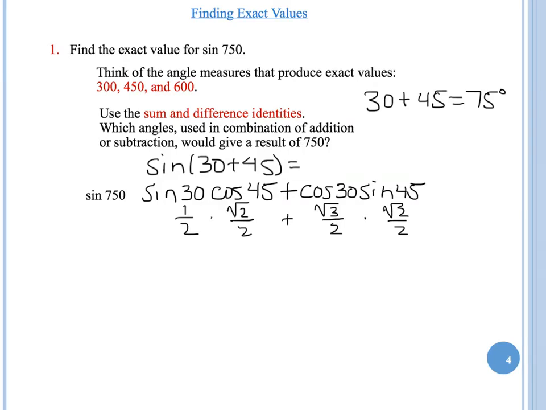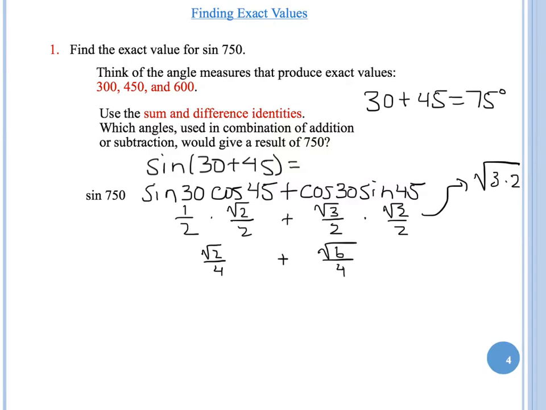So I'm going to have the square root of 2 over 4 plus the square root... when I'm multiplying square roots, little aside, I have one square root, square root of 3 times the square root of 2. I can multiply those underneath the square root sign together, so I would get the square root of 6 over 4 when we actually multiply the denominators together.